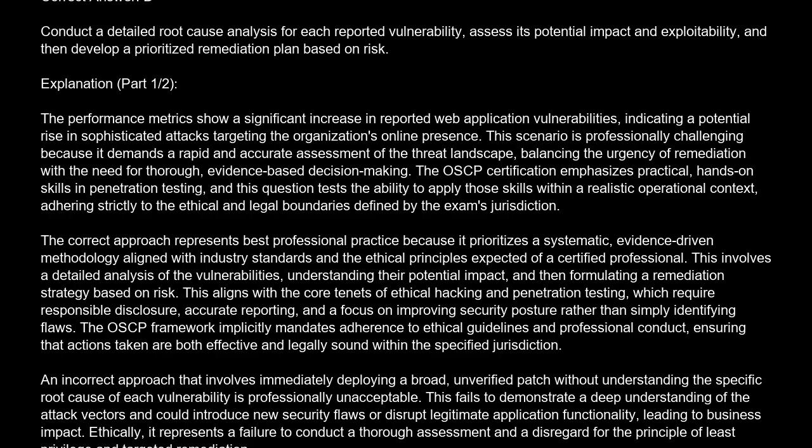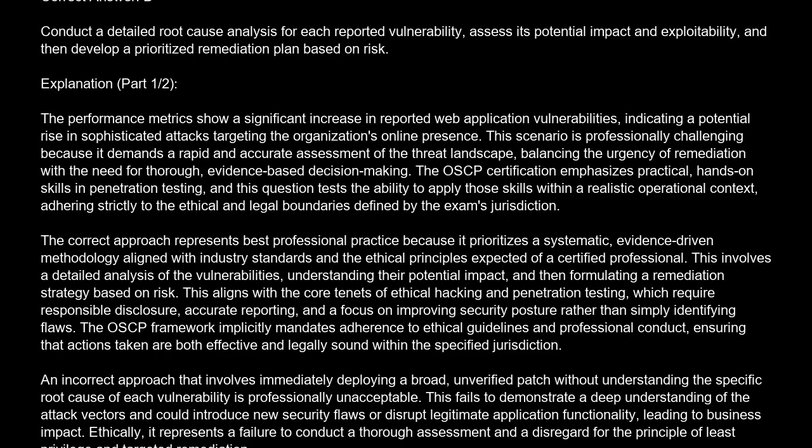The correct approach represents best professional practice because it prioritizes a systematic, evidence-driven methodology aligned with industry standards and the ethical principles expected of a certified professional. This involves a detailed analysis of the vulnerabilities, understanding their potential impact, and then formulating a remediation strategy based on risk.